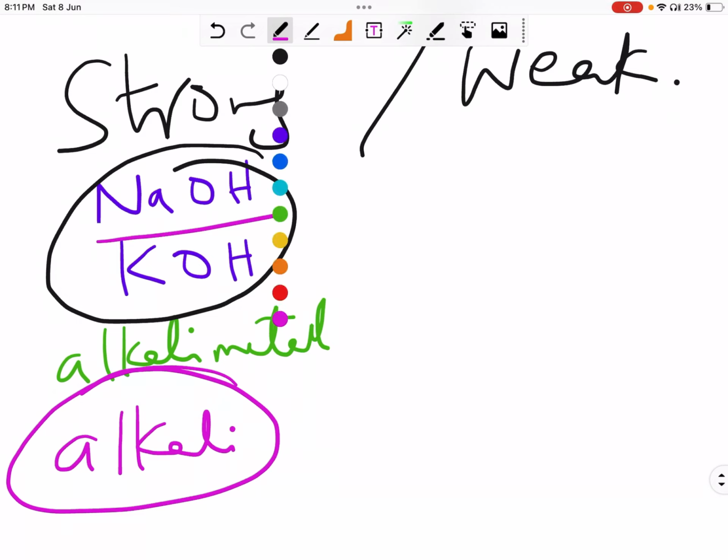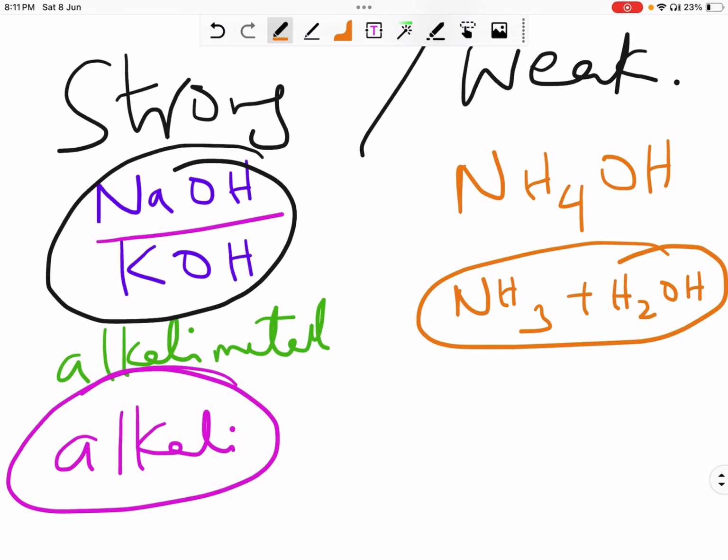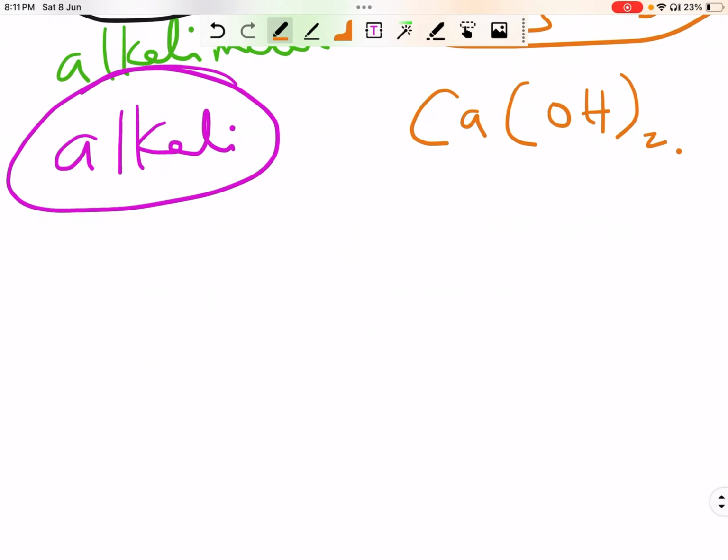You have weak bases like ammonium hydroxide, which is obtained when you mix ammonia with water. This is the possibility to get ammonium hydroxide. Ammonia itself is a base; that reason you will study in your 11th standard. And calcium hydroxide is obtained by making calcium oxide react with water.